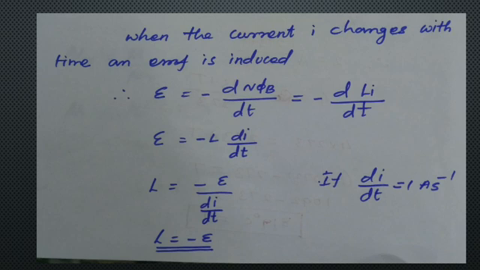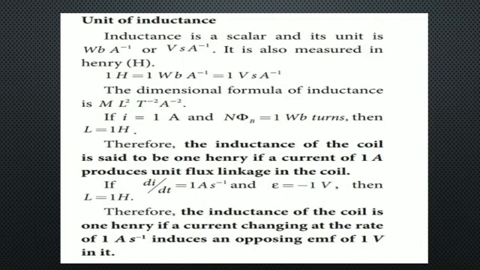The next topic is self-induction of a long solenoid. Before that, in our book, this is the unit of inductance, and from this area 1 mark will come, so please listen. Inductance is a scalar and its unit is Weber per ampere, or volt second per ampere.